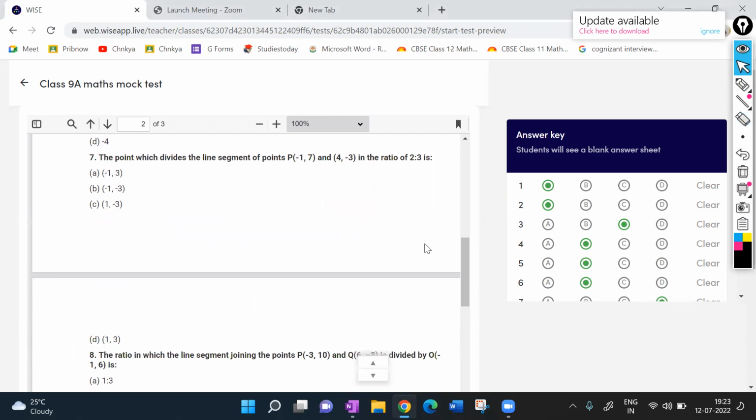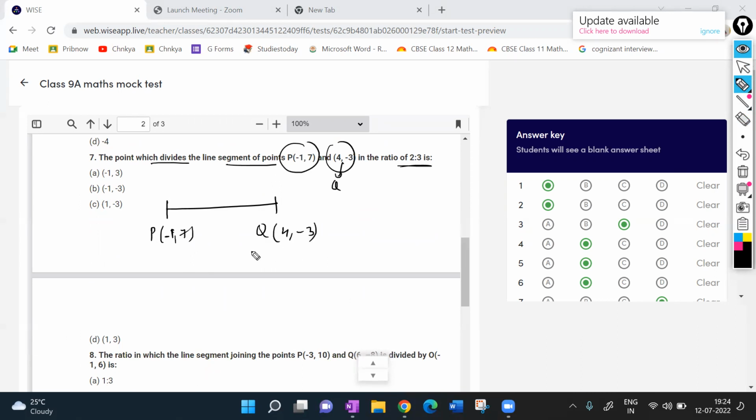The point which divides the line segment P and Q in the ratio is what? Let's say P is (minus 1, 7) and Q is (4, minus 3).